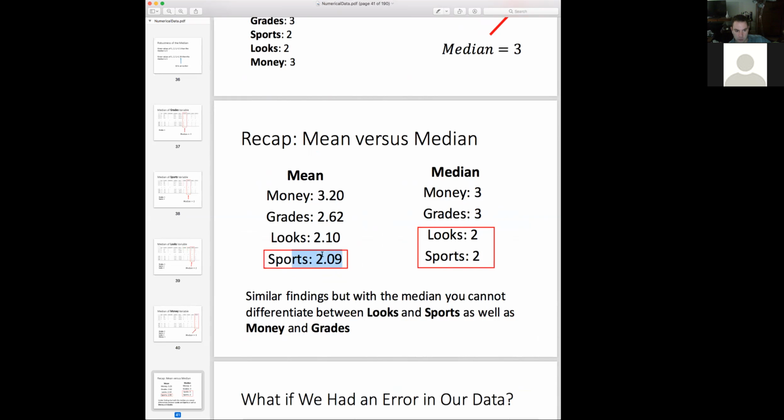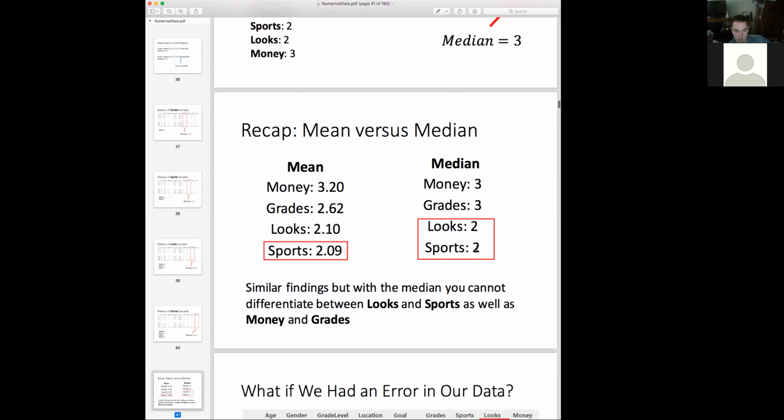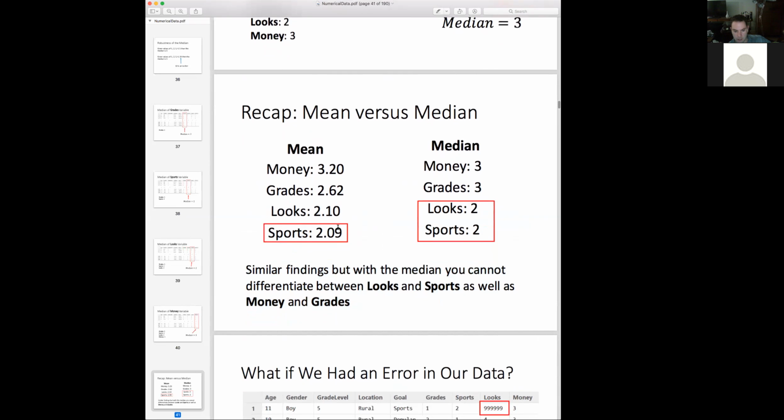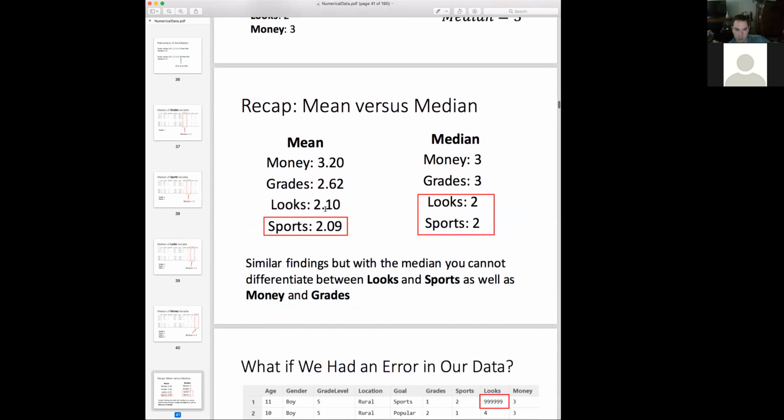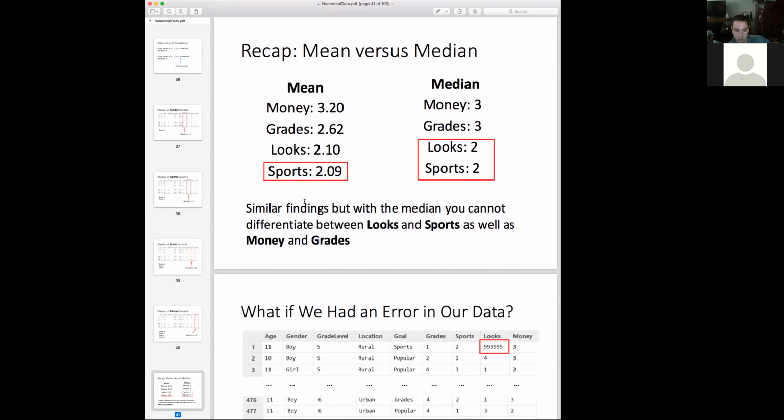So we see here sports is 2.09, the median is 2. So they're similar, but here you actually can't differentiate between looks and sports as far as the median is concerned because they're both 2. But if you take the mean, you'll notice that the looks is slightly larger than the sports category, which means you can make a slight judgment call as far as which ones are more important.